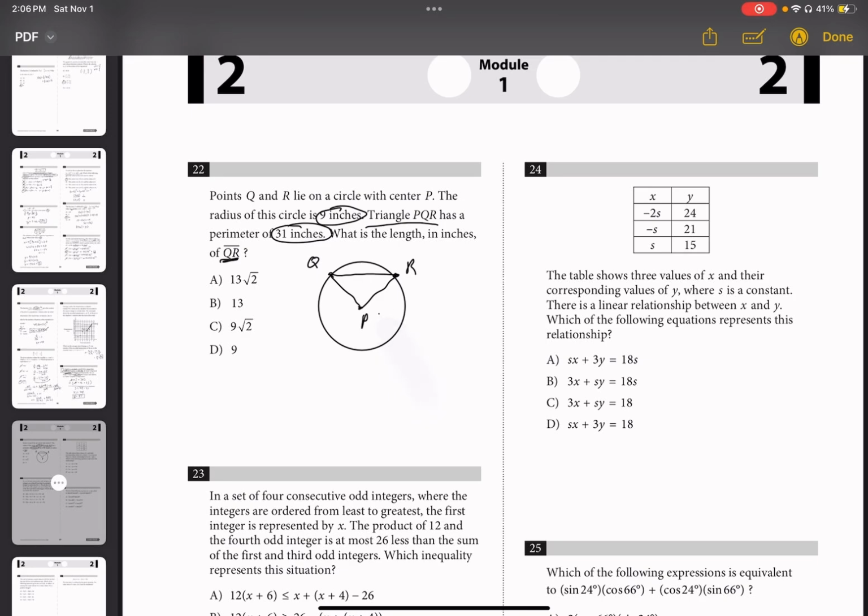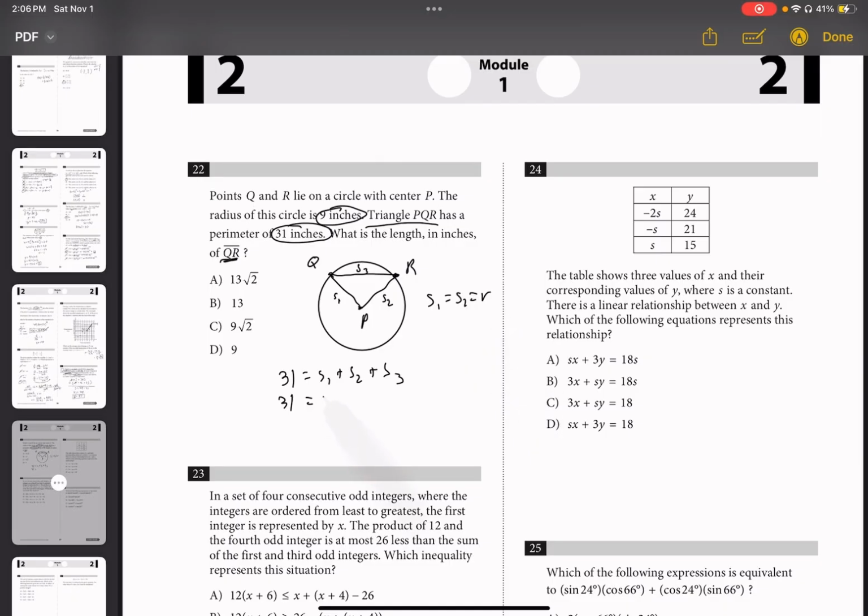And you know that the perimeter is 31, and this is going to be equal to side 1, side 2, side 3. So 31 is equal to S1 and S2, which are equal because they're both the radius.